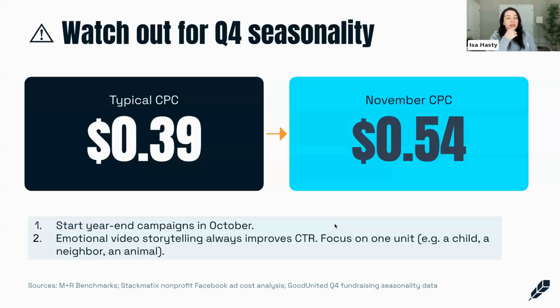And one of the things that he really emphasized was focusing on one unit, whether that's talking about one child and how many meals they'll get, or one animal that you can help, one neighbor in the community, right? And so people respond really well when they can wrap their mind around who it is that they're helping or what it is that they're doing and feel like their money is going to make some kind of real impact, right?